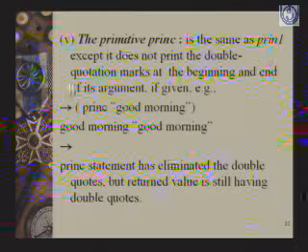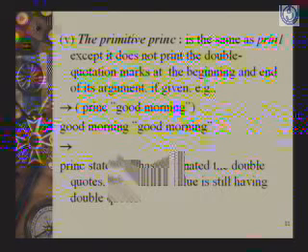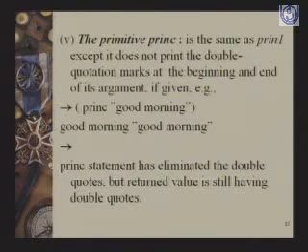First, good morning is printed, which is the value without quotes, and as I have already told, it returns the value as well. The command execution of prints prints good morning without quotes, and then the value of the argument is returned. So in this particular case there is a provision through which double quotes may be removed while printing. That is the basic purpose of prints.